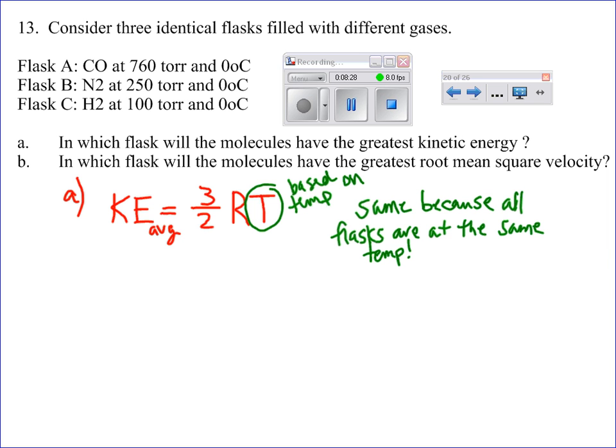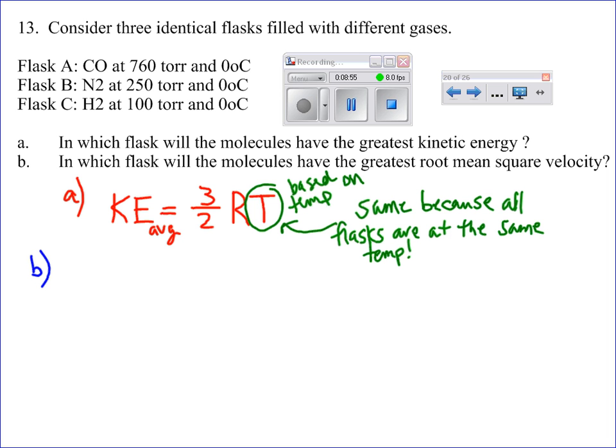And that's how I want you to pose an answer like this on the AP. Use an equation to prove it. Don't just say it's only temperature dependent, so they're all the same temp. Go ahead and show this equation, just point to that, and then say they're all the same temp, therefore same. Okay? All right.